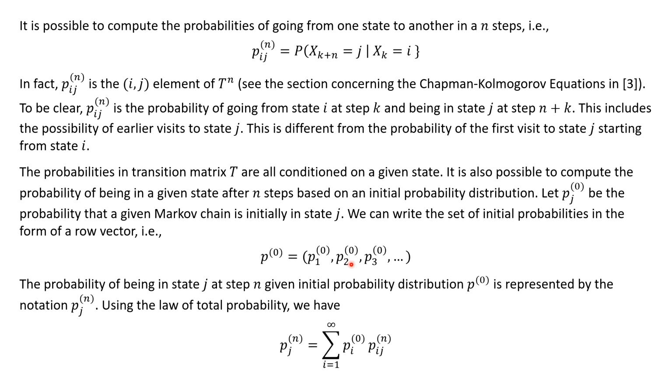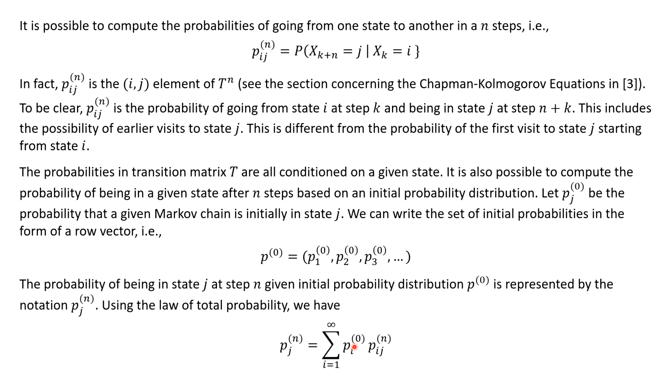And then if we have this and the transition probabilities, the P_ij^n, the probability of being in state j at step n, given initial probability distribution P0, is represented by the notation P sub j n. We can compute that using the law of total probability.